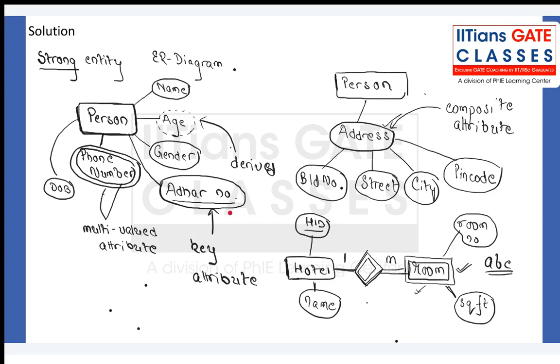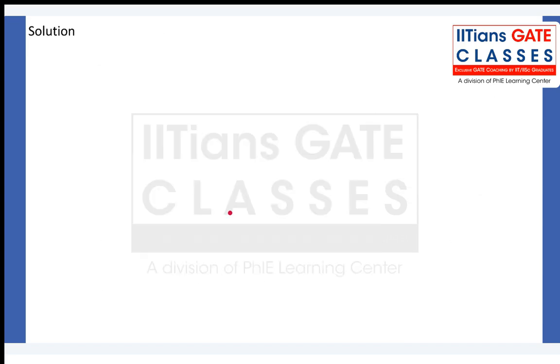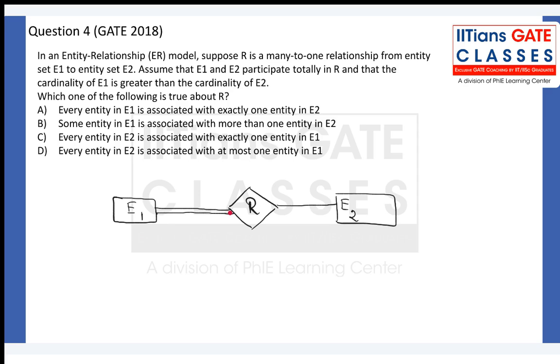So both of them participate totally in R. They are saying that the cardinality of E1 is greater than the cardinality of E2.